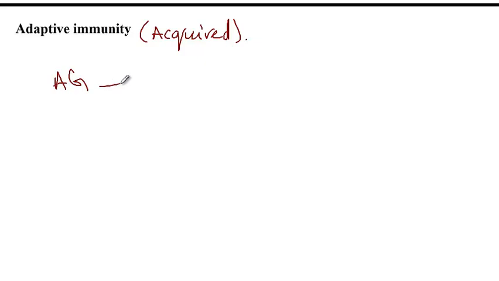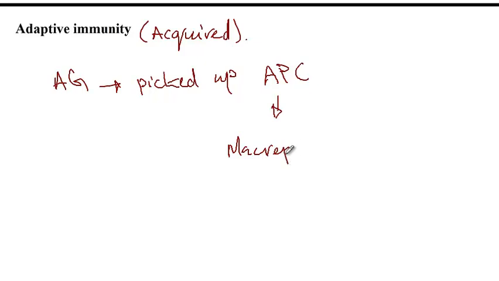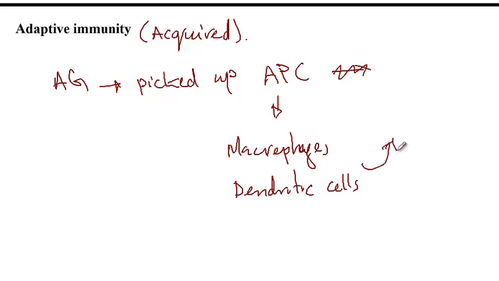So antigen is picked up by antigen presenting cells, examples of which include macrophages or dendritic cells, and via these cells, these antigens are presented to T lymphocytes to initiate an adaptive immunity.